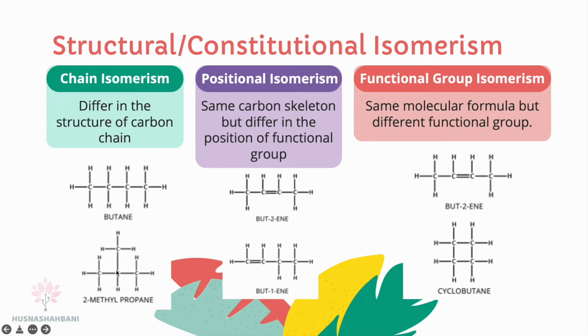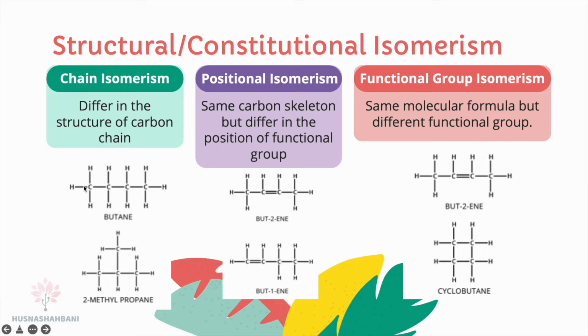But for this one, the first carbon has 3 hydrogens attached. The second carbon has 1 carbon on the left, 1 on the right, and 1 above, so 3 carbons attached to this carbon. This is what it means by different in connectivity.